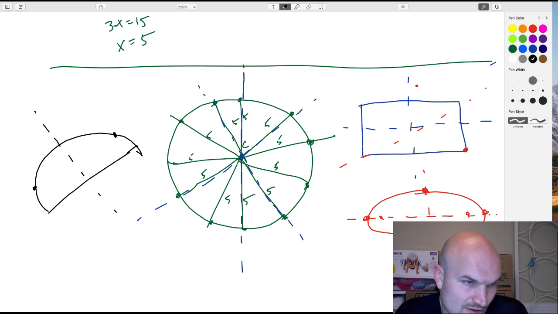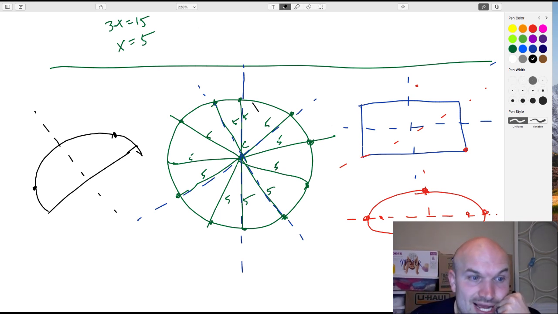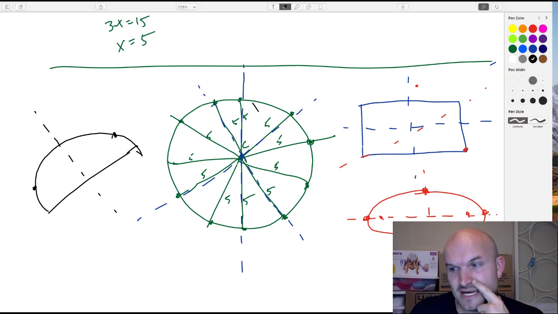So by cutting a circle, now you only have one line of symmetry, but when you had a circle, you had infinitely many lines of symmetry. I'm not sure what point you're trying to get to on your problem, but by cutting your circle in half, you've reduced to one line of symmetry from infinitely many.